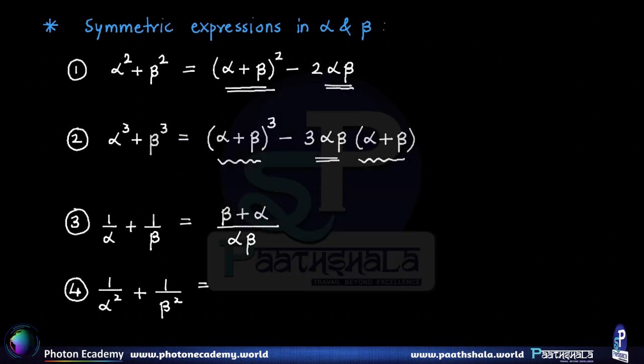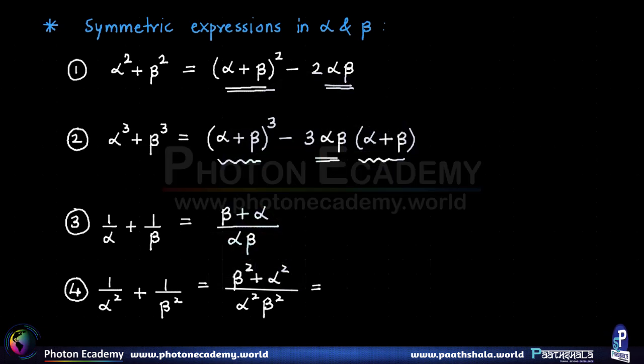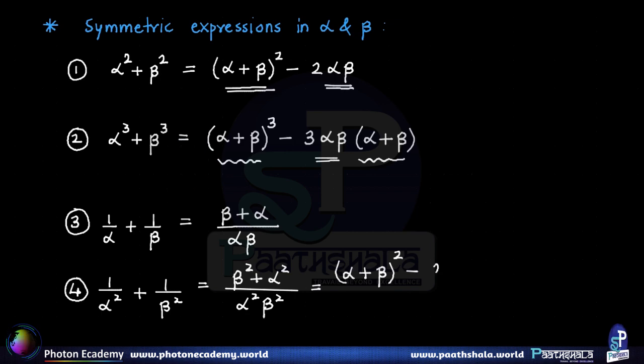And lastly, if we have reciprocals of squares added, then that once again gives us a similar expression, that is beta square plus alpha square upon alpha square beta square, where the numerator can be once again rewritten as done in the first example above. So which is alpha plus beta whole square minus 2 alpha beta, and the denominator is nothing but the square of the product, alpha beta the whole square.